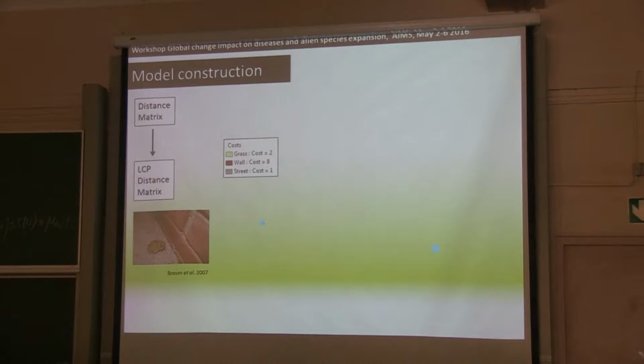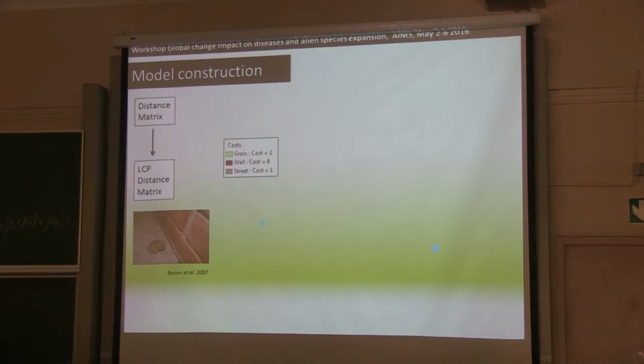So to simulate this specific behavior, we use a technique that is called least cost path calculation. Every time that an individual is moving across the landscape, there is a specific cost of locomotion. Let's say in this situation that this toad is moving on the grass, the cost will be 2. If this toad is trying to go through this specific wall, the cost will be, of course, very high.